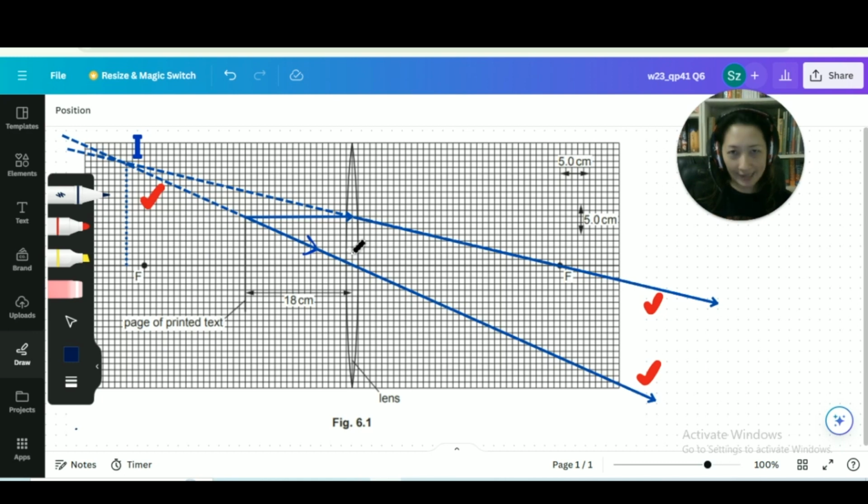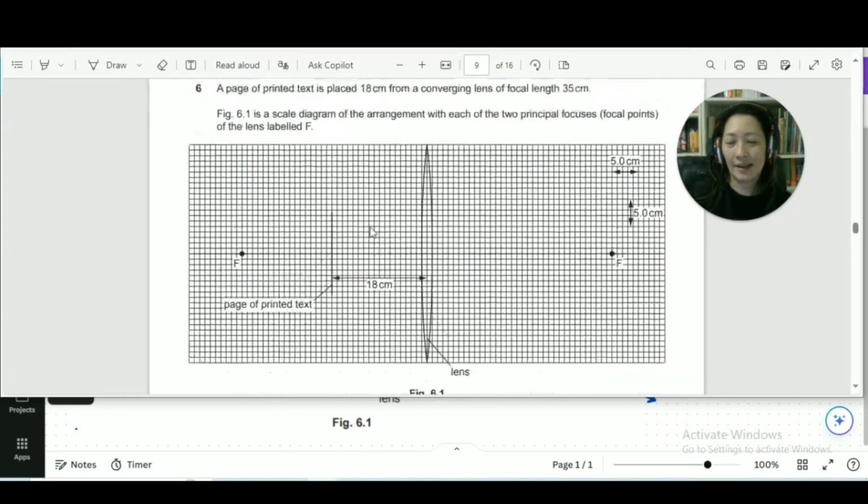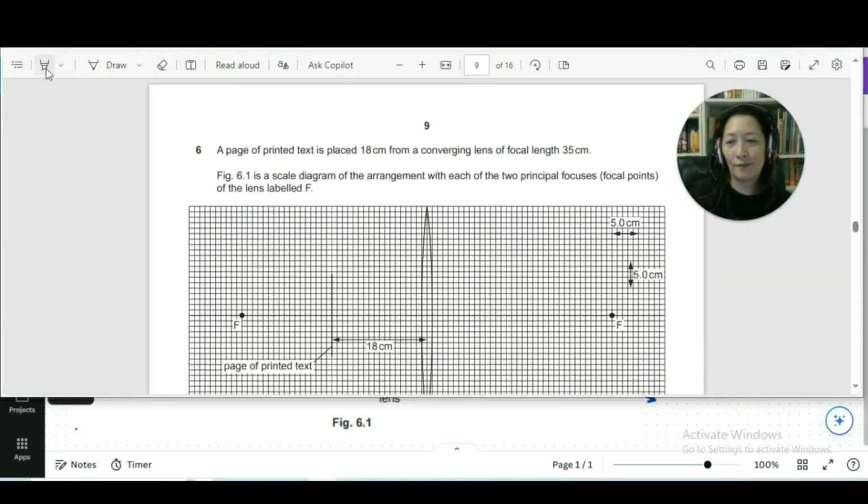So in this case, I'm going to play it smart. I'm not going to count all the squares because the diagram has already labeled for us the distance between the page of printed text to the center of the lens, and it's given to us as 18 cm. If you count the number of squares, you'll get exactly 18 squares where it's labeled 18 cm. Now, in addition, the question has also told us that the focal length is 35 cm. As indicated here, the focal length is 35 cm.